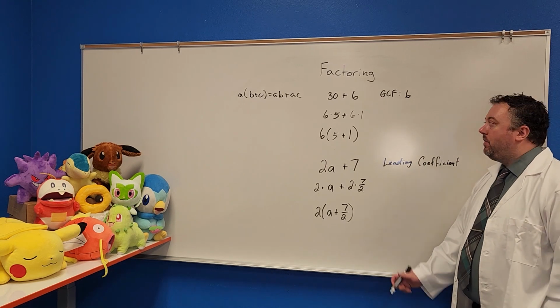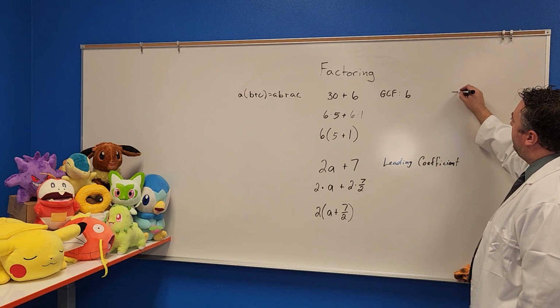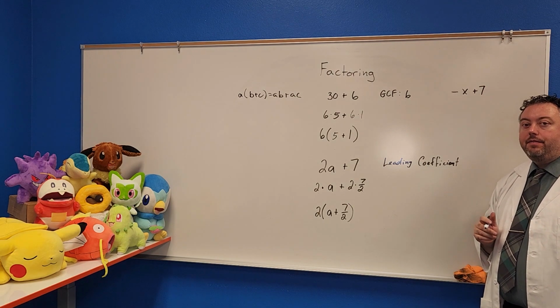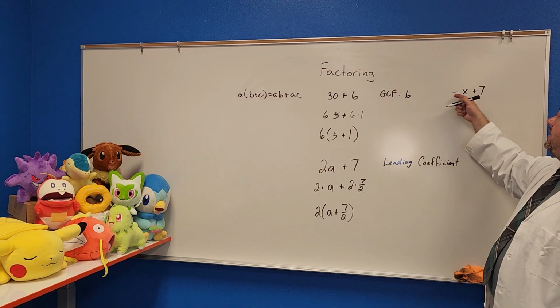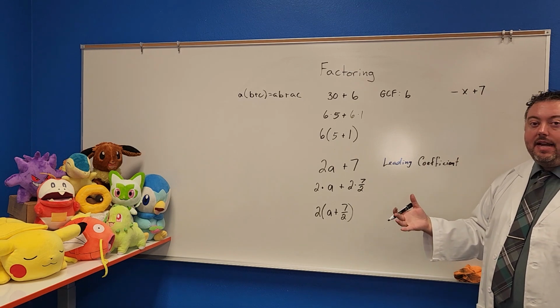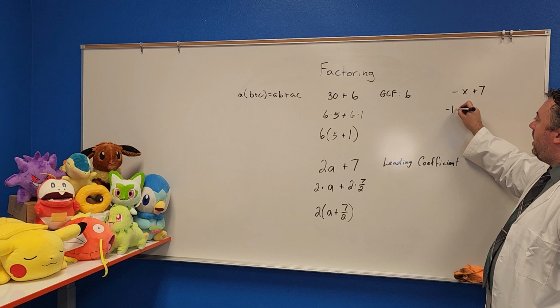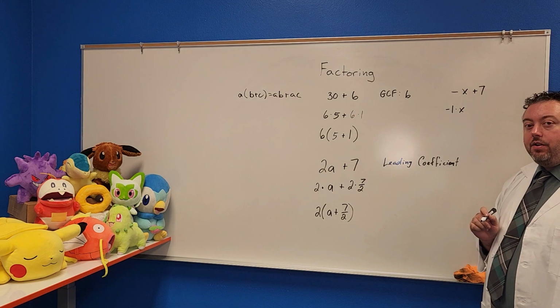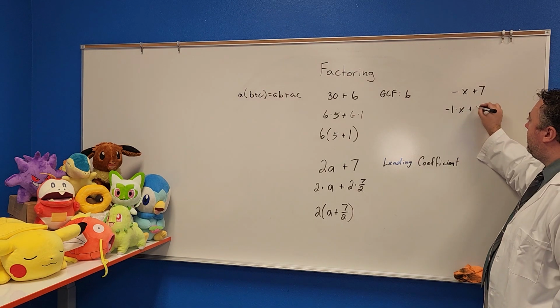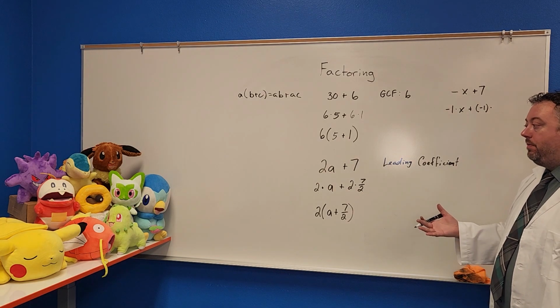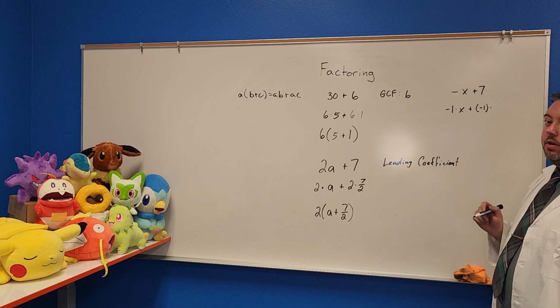Now the last example I want to show you is what if there's a negative. So in this case, this is negative x, minus 7, and I want to take that negative, I want to factor that negative out. So I need to rewrite each of these terms as -1 times whatever multiplied would make these two terms up above.